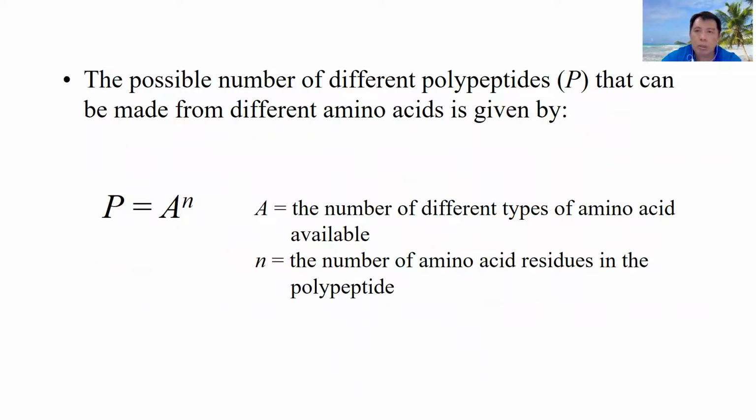The possible number of different polypeptides that can be made from different amino acids is given by the following formula: P equals A to the power N. P is the possible number of different polypeptides, A is the number of different types of amino acids available to form the polypeptide, and N is the number of amino acid residues, or monomers, in the polypeptide.